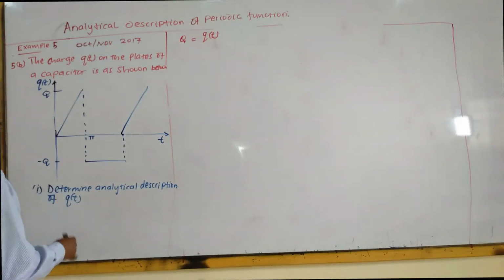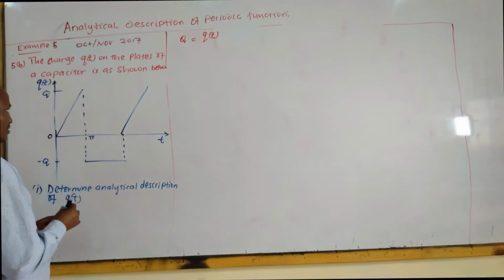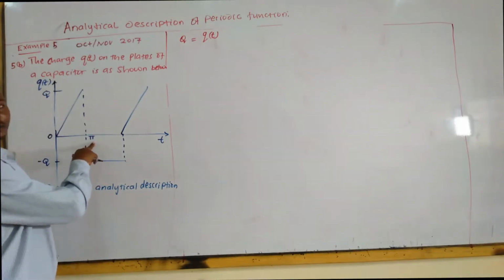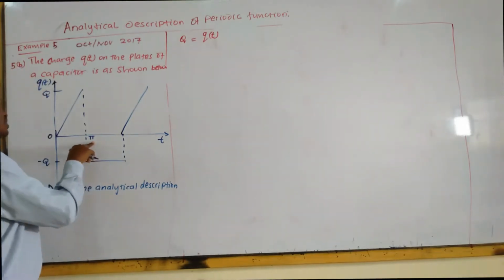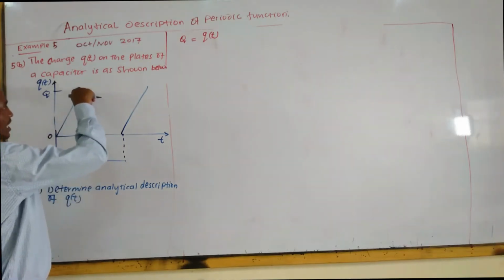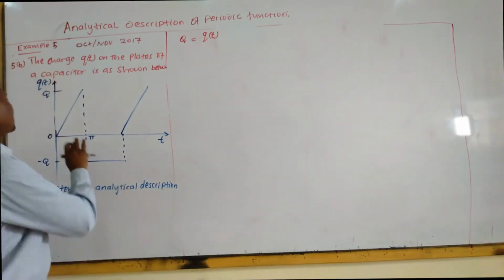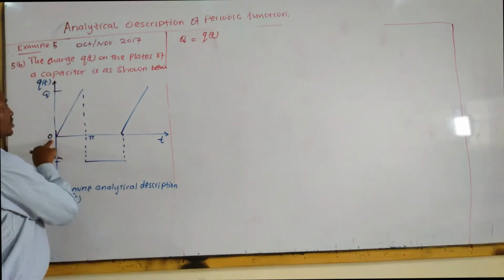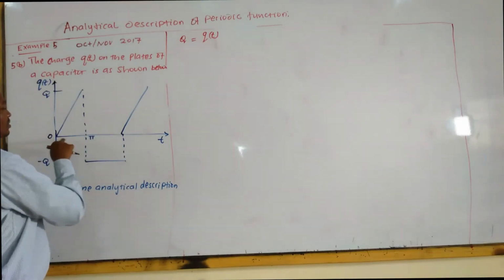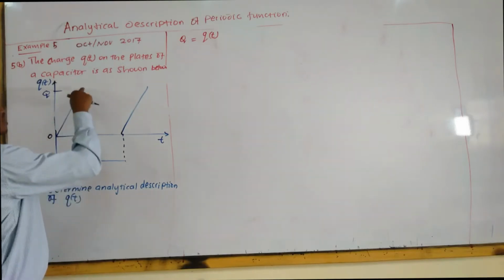You can see between 0 and pi, the charge on the plate of the capacitor increases gradually. It increases from 0 coulombs to Q coulombs.